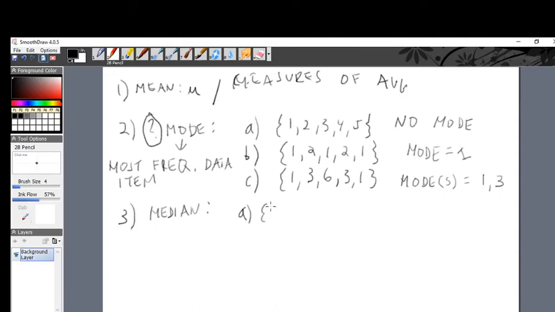The first data item is 10,000. The second data item, I'll put a little semicolon there, is 53,000. The third data item is 45,000.